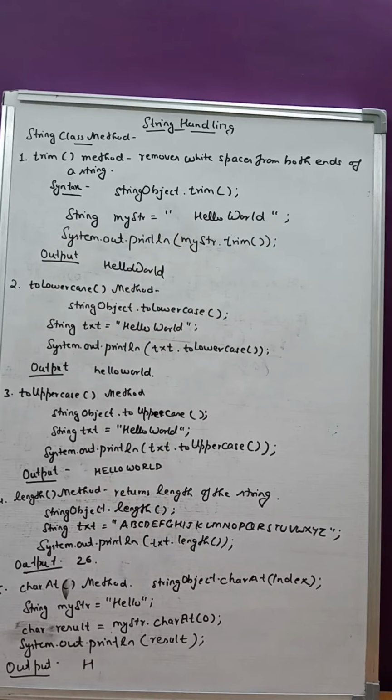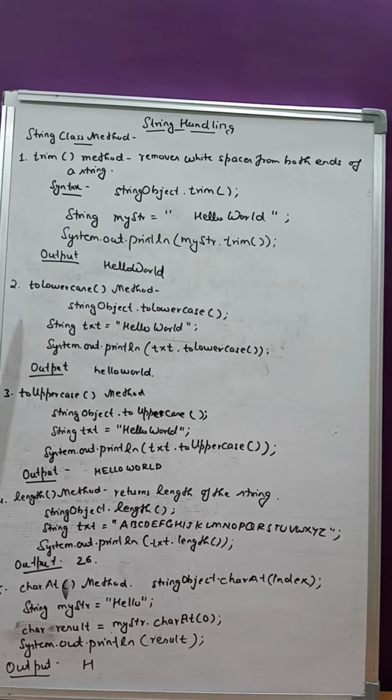The second function in this list is toLowerCase. As the name itself says, toLowerCase. In this method we are provided with a string that may be a combination of uppercase and lowercase letters, right?